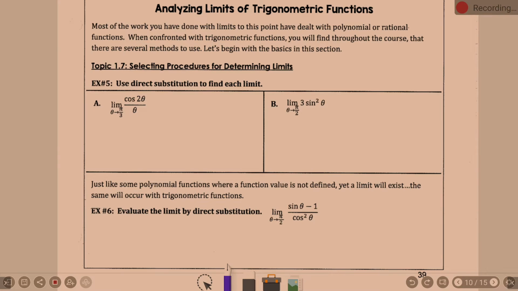the limit as theta approaches pi over 3 of cosine of 2 theta over theta. If I plug this in, it's the cosine of 2 times pi over 3, divided by pi over 3.